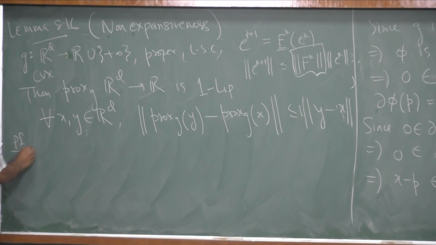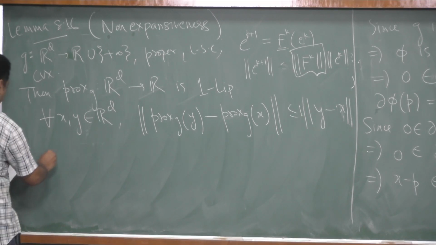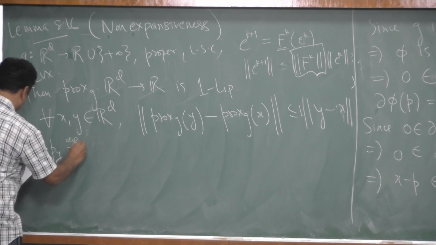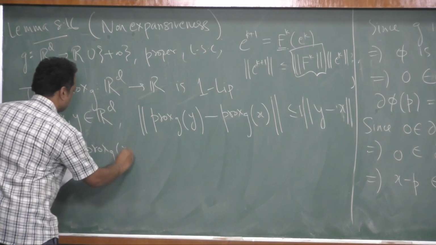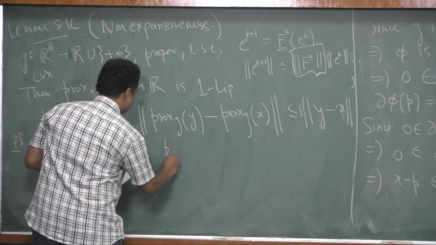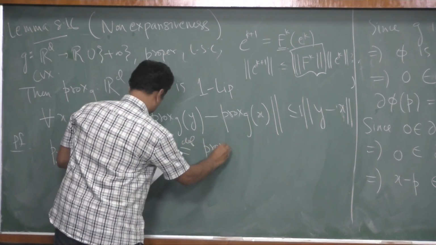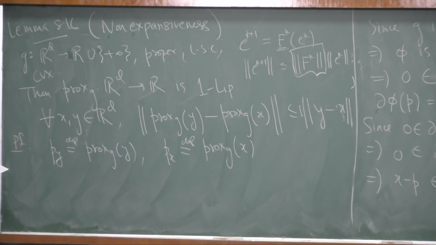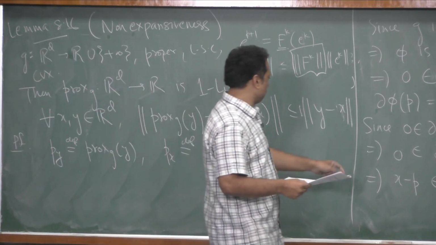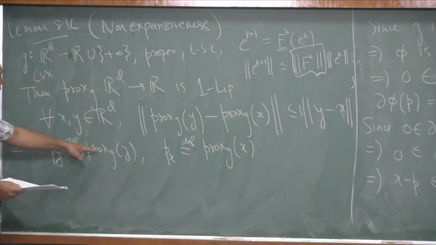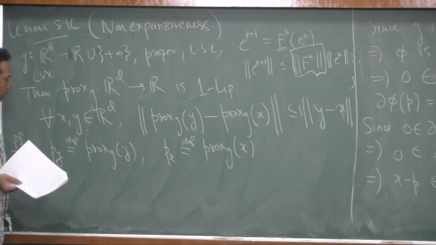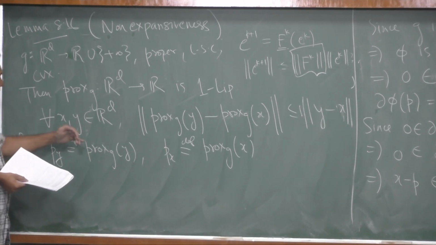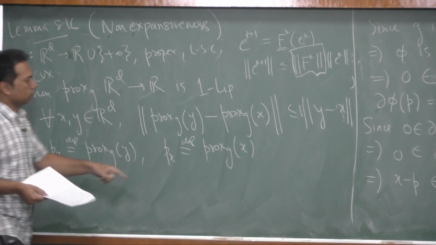Proof. So let us define Py as prox G of y and Px as prox G of x. These are shorthand notations, just to make it cleaner. And from the result that we had previously, if P is prox of G at some point, then that point minus P is in the subgradient.